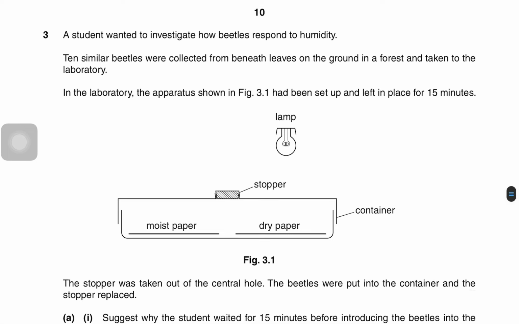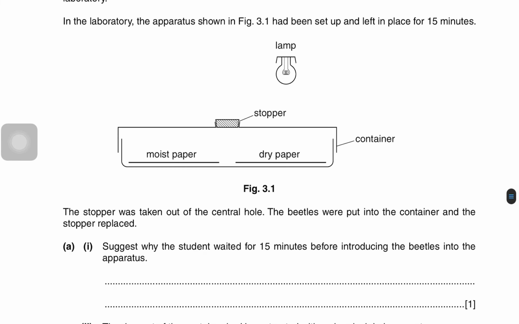A student wanted to investigate how beetles respond to humidity. 10 similar beetles were collected from beneath leaves on the ground in a forest and taken to the laboratory. In the laboratory, the apparatus shown had been set up and left in place for 15 minutes. The stopper was taken out of the central hole.